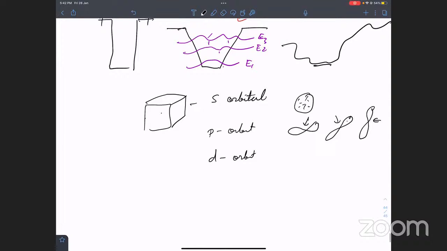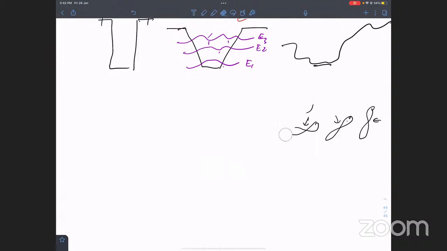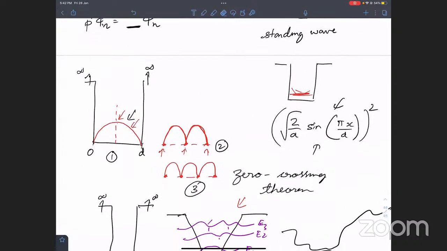It's not entirely so simple as this, because for this P orbital, D orbital, you need to consider other coordinates also. So this is a little bit harder. I don't want to generalize, but I'm just giving you an idea that if you go look at the eigenfunctions of Schrödinger's equation in a hydrogen nucleus, for example, which is the solution for an atom, there also you will discover similar kind of ideas.